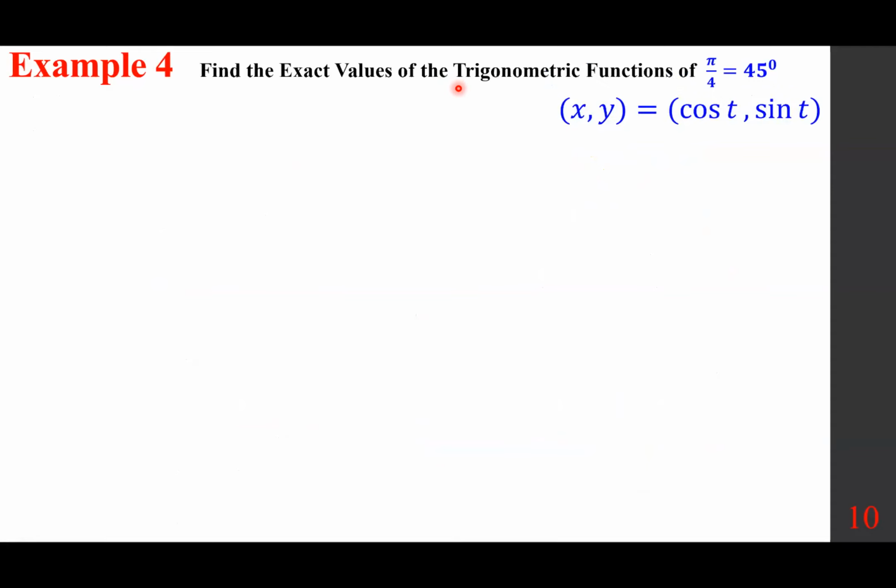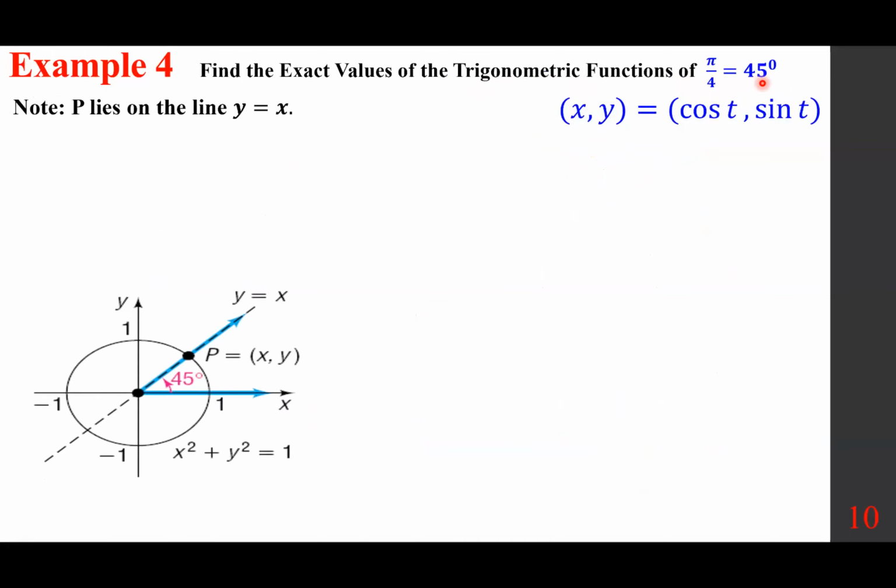Find the exact values of the trigonometric functions when the angle has the value of pi over 4 or 45 degrees. Well, let's see what we do. Because it's 45 degrees, it's on the line y equals x.